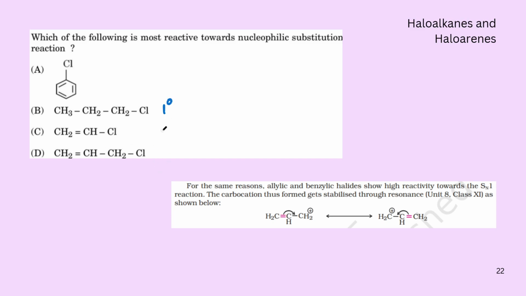This is also a primary alkyl halide, but it actually has a double bond here, and then you have this, which is again a primary alkyl halide. But out of all of these, this would probably be more reactive towards nucleophilic substitution because of the stabilizing effect of this double bond. And because of that, I'm going to have option D.